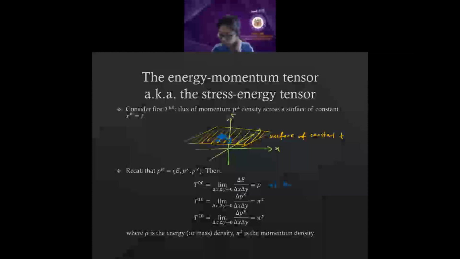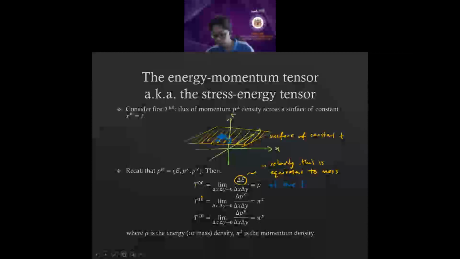So again, recall that in relativity, this is equivalent to mass. So if we take mass and we divide it by the area, and we take the limit as the area goes to 0, we get the density. We get the mass density of the body of water, for example.